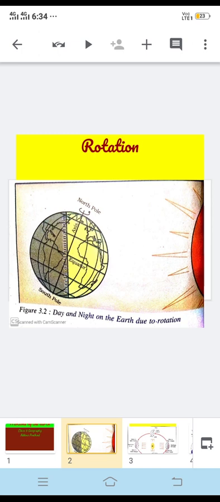So the result of the earth rotating around its own axis is what? Rotation.